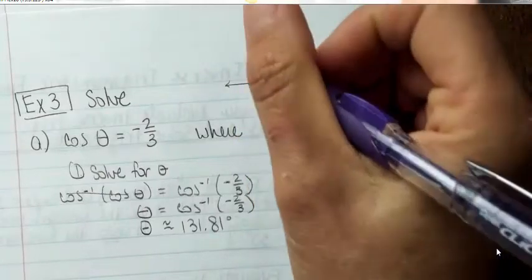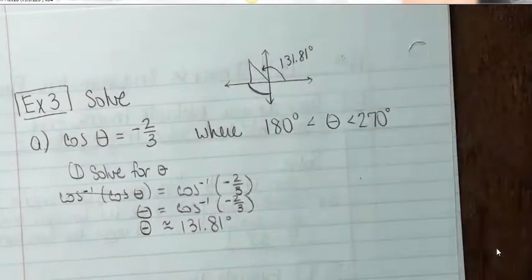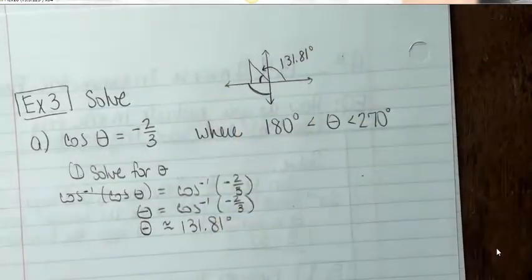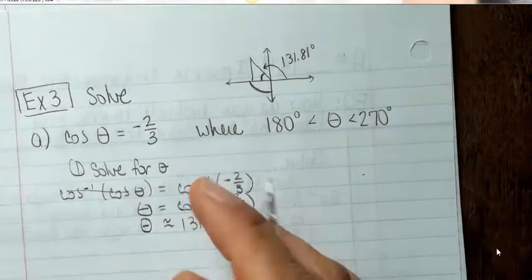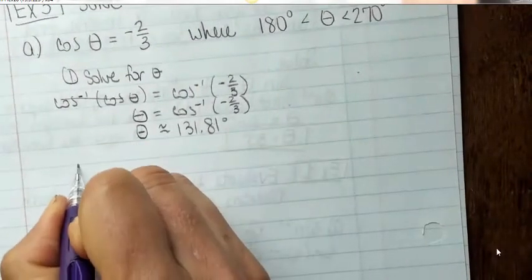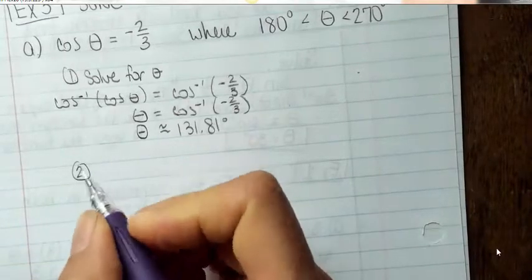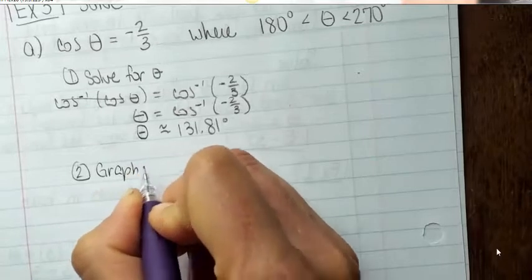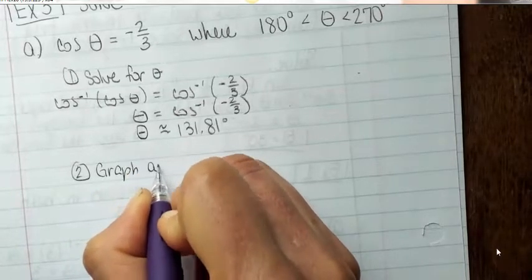Okay, so what I need to do now is find my reference angle. I'm going to find this little reference angle right here, and that's going to help me finish solving this, okay? So I'm going to make a better graph. The second thing I always want you to do is graph the angle. I promise this is going to help you.